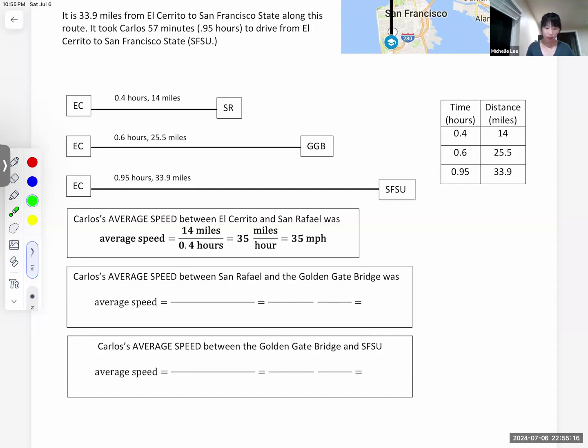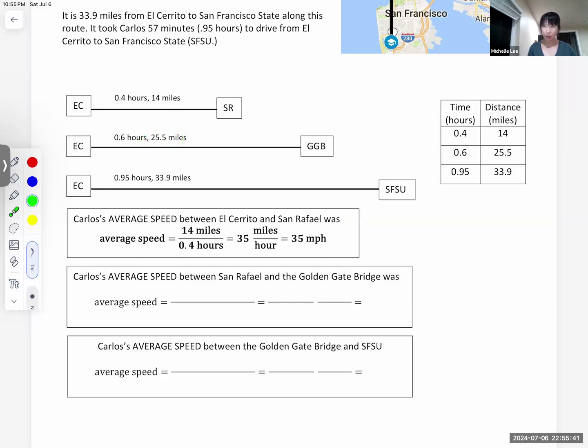Let me read. The distance from San Rafael to the Golden Gate Bridge, look, is 25.5 miles.